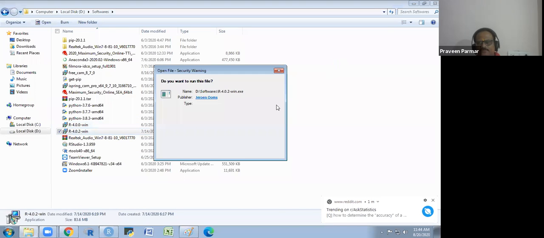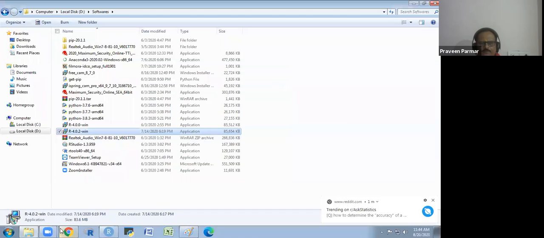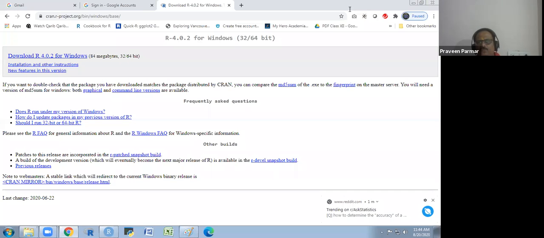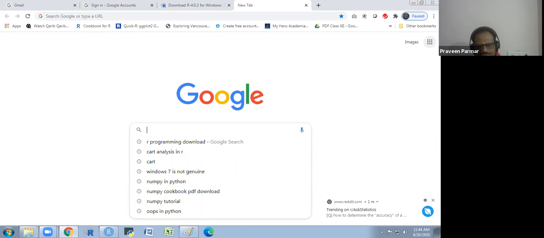Click on run and follow the instructions, and R programming will be installed in your system. Second, once you install R programming, you have to install RStudio.